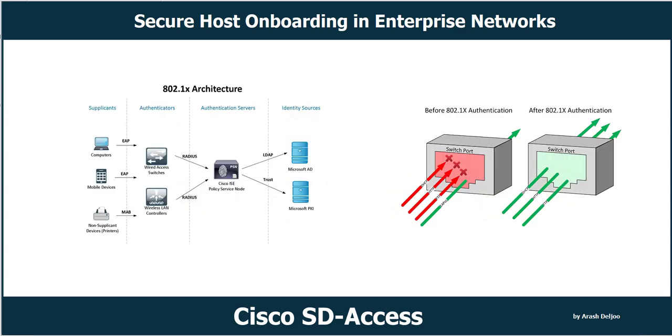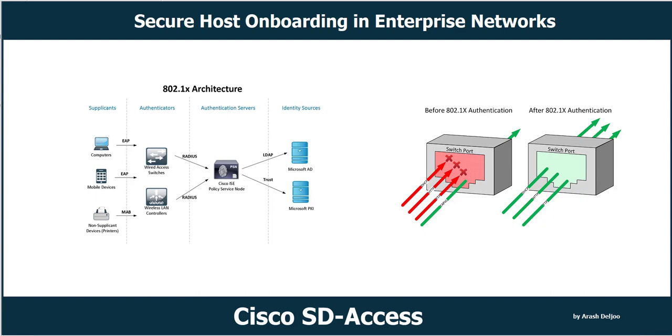Network access control is a security requirement in any IT network. Cisco ISE plays a key role in making sure the endpoint connecting into the network is authenticated and given proper authorization based on the endpoint and its role.